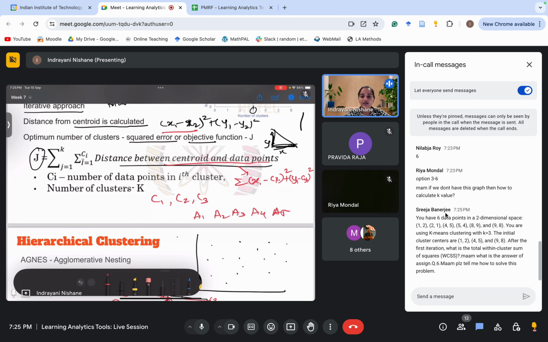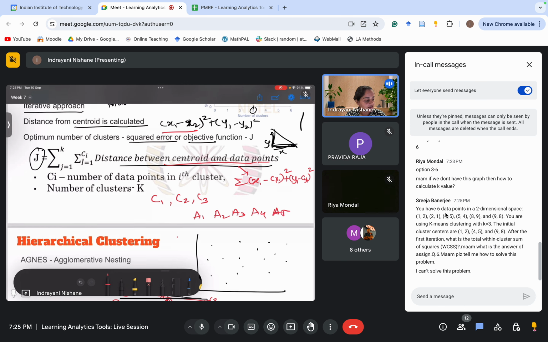So how can we compute J? We will compute the distance of every data point from centroid C1, and we'll compute this squared distance, the squared error.